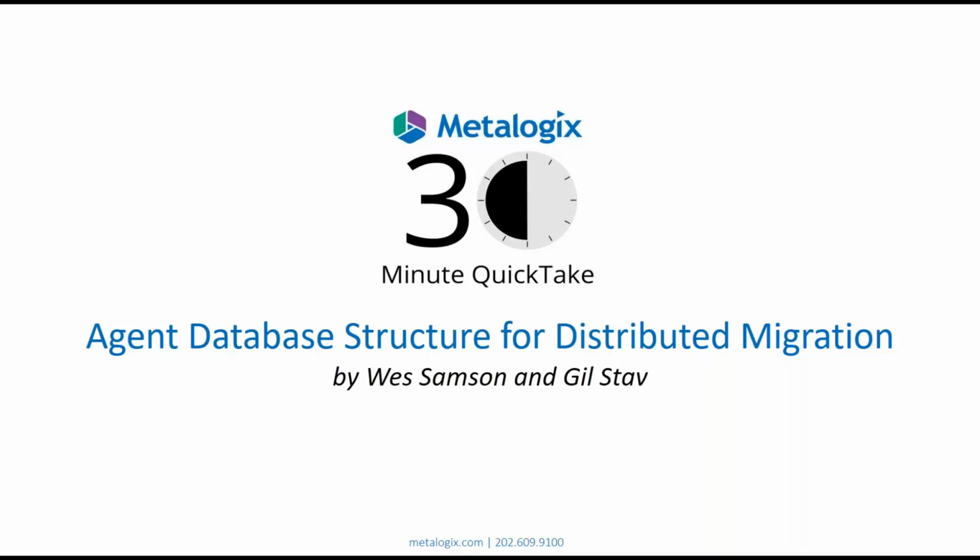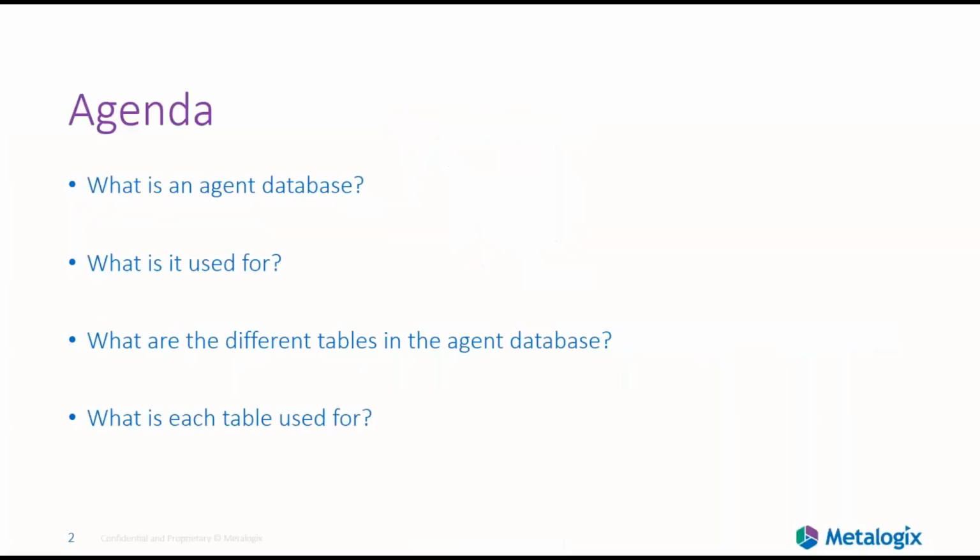The subject of the session today is the structure of the agent database for distributed migrations. Just to remind everyone, distributed migration is a migration model that comes to improve the time it takes to complete large migration jobs by distributing the workload on multiple machines.